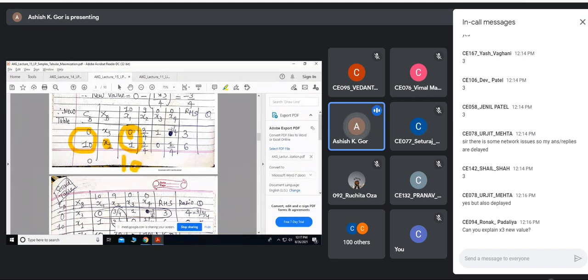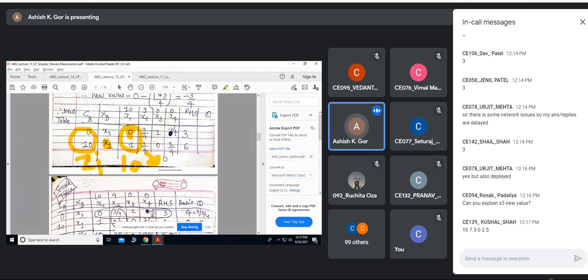I am talking about Zj. Then 0 into 3 by 4 plus 10 into 3 by 4. So it is 30 by 4, which is 15 by 2. Same as 0 into 1 plus 10 into 0, which will be 0.